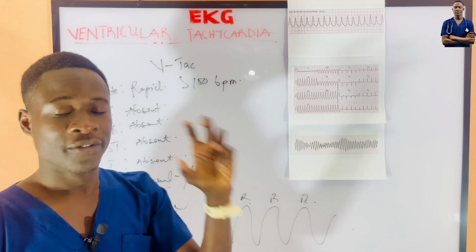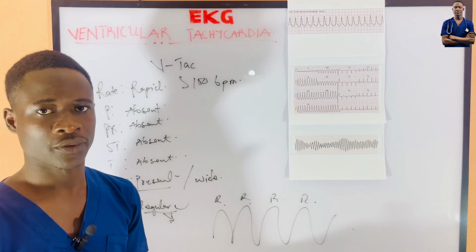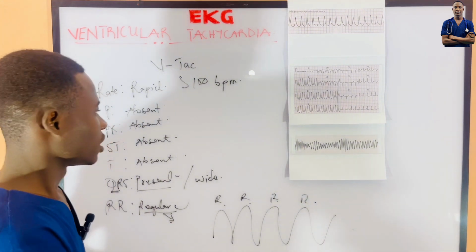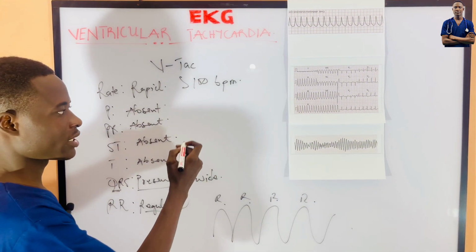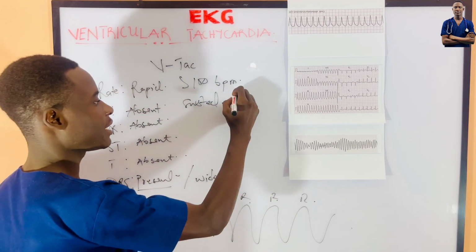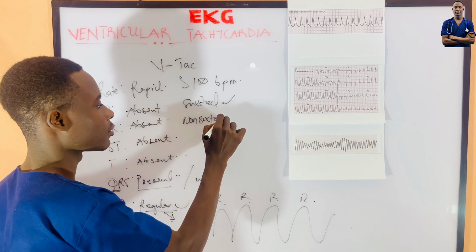So this gives you an idea of identifying a VTAC. Now, the VTAC can be classified in various forms. Let's look at the classification. The first classification can be sustained and non-sustained.